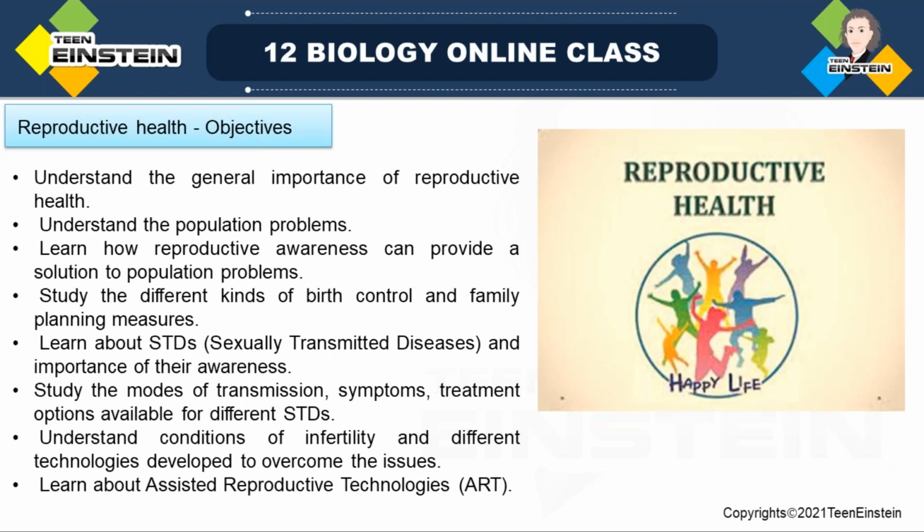Then different kinds of birth control programs or methods, when population explosion comes, and then family planning measures. Then reproductive awareness. What is its importance nowadays, and how can we provide a solution to population issues? What kind of awareness do we need to create among people to solve this population explosion?